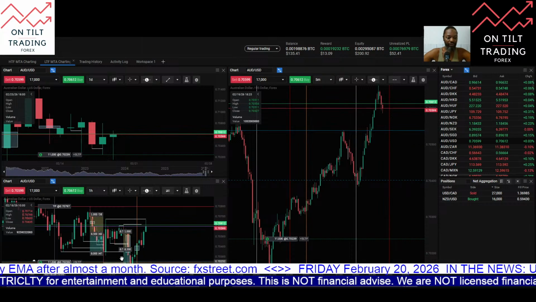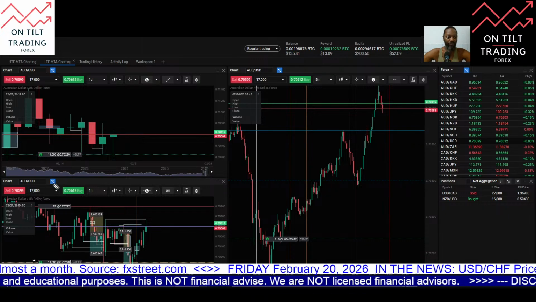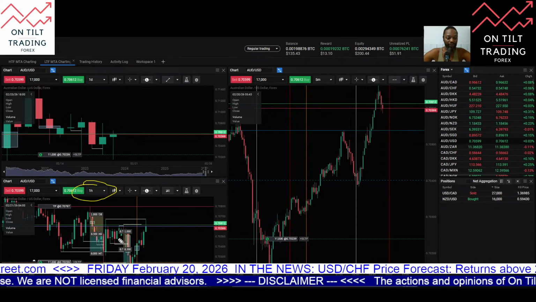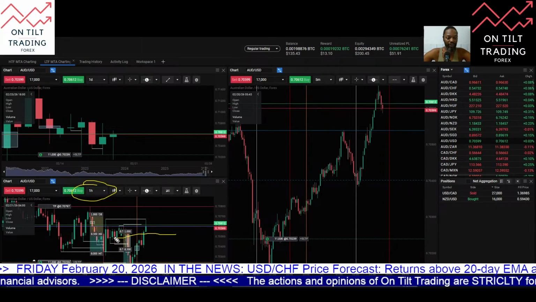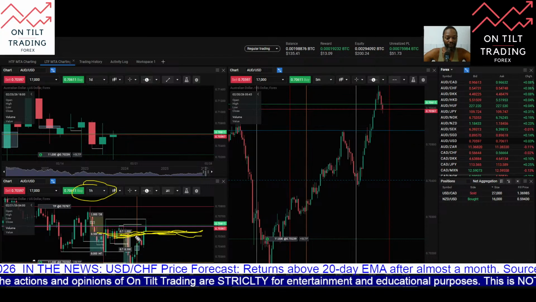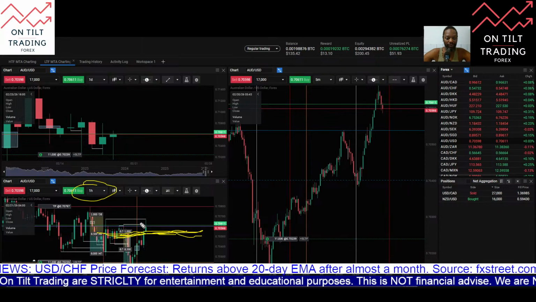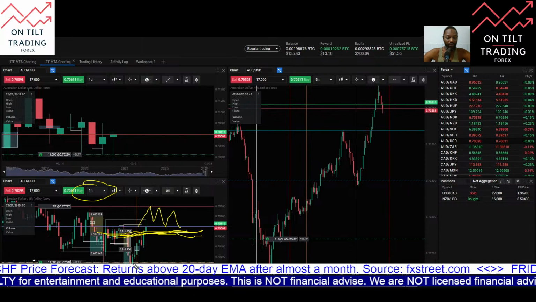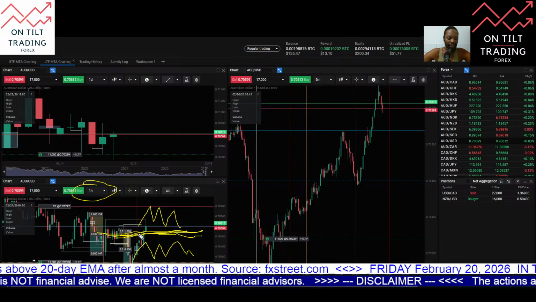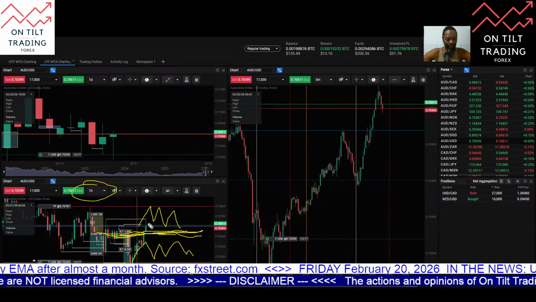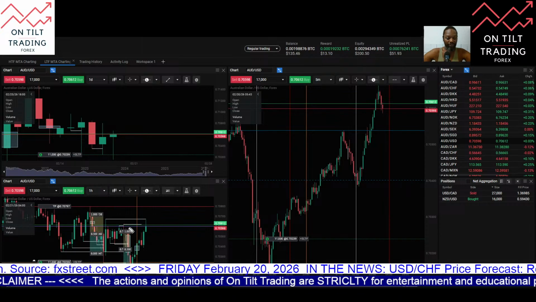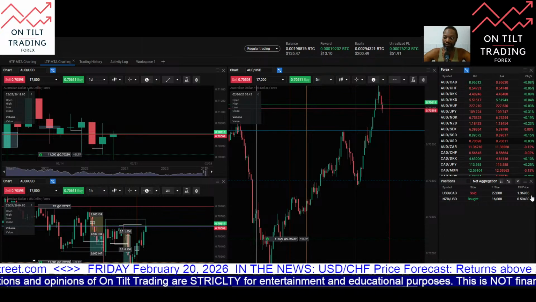If we look on the 1 hour chart, the equilibrium of this trade would be about here, somewhere in this area. So price has already traded above the equilibrium, a halfway mark to target. With that in mind, I wouldn't want to see price return back to an entry level, or else I would anticipate price to fail after trading above the equilibrium level for the trade.